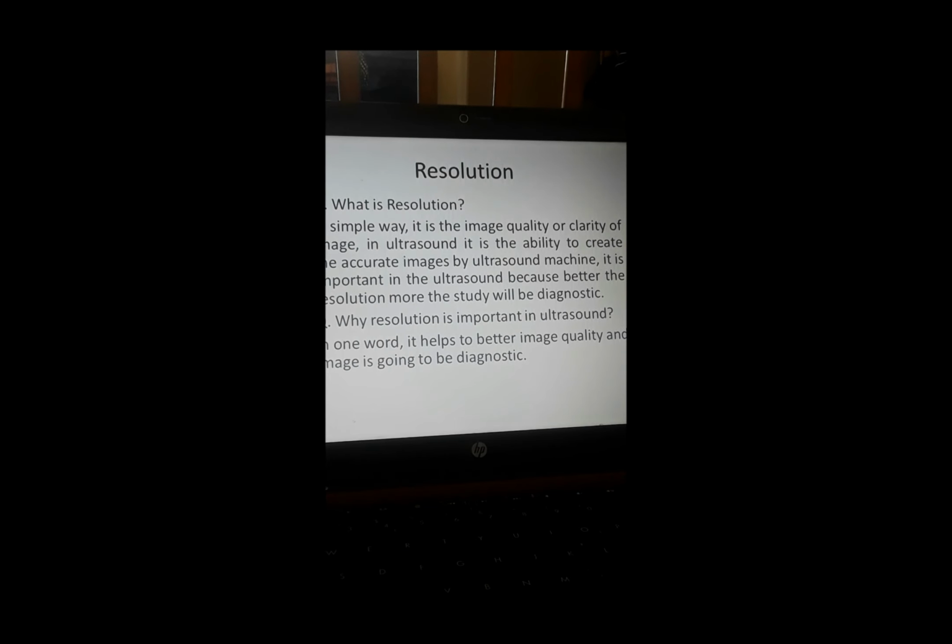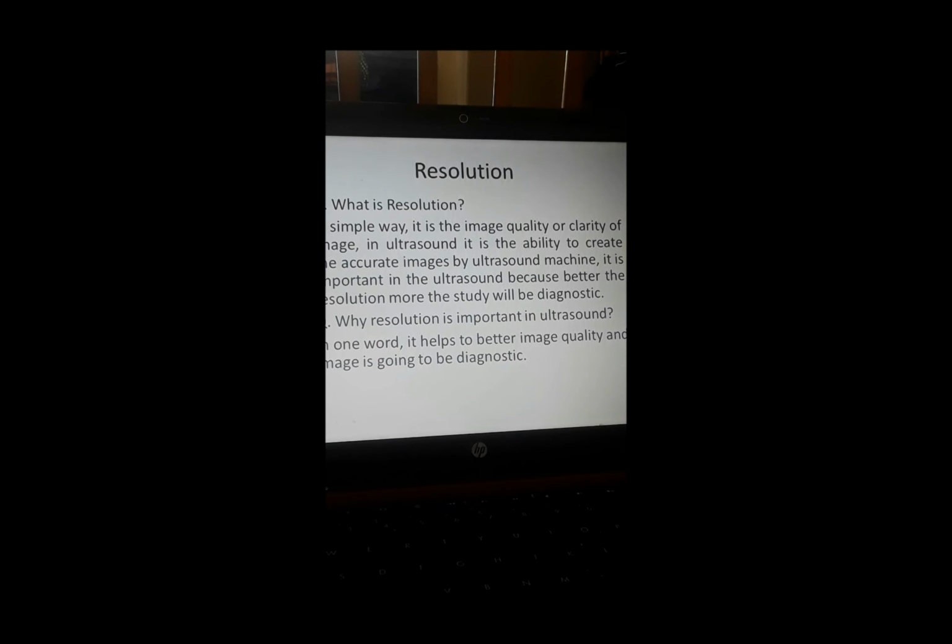Why is resolution important in ultrasound? In simple way, in one word, it helps to give better image quality, and the image is going to be more clear.